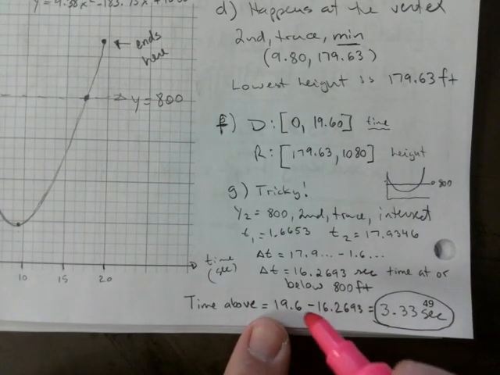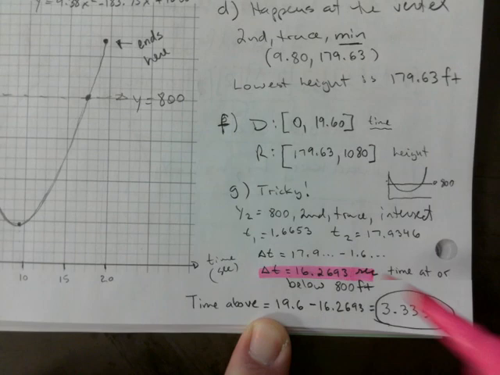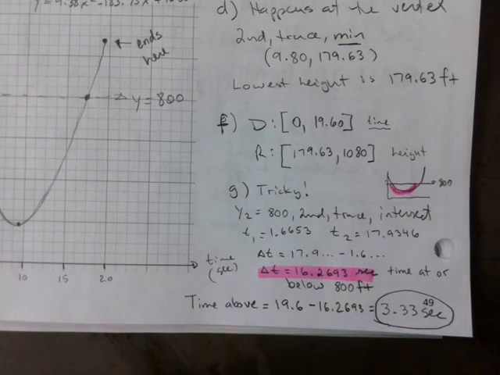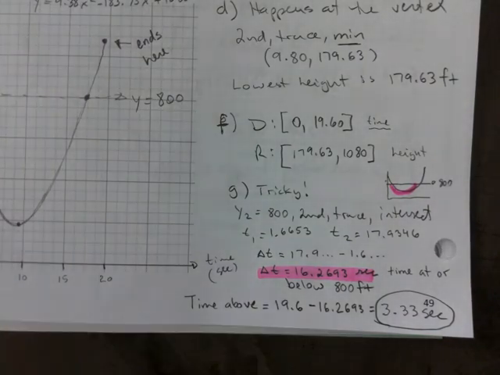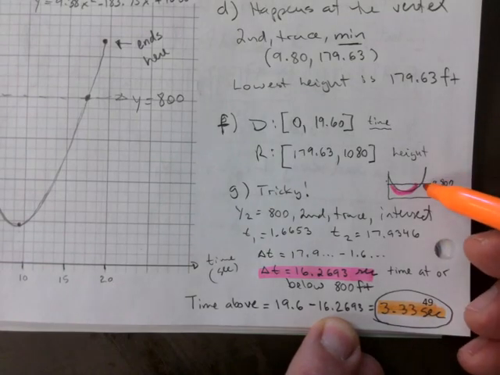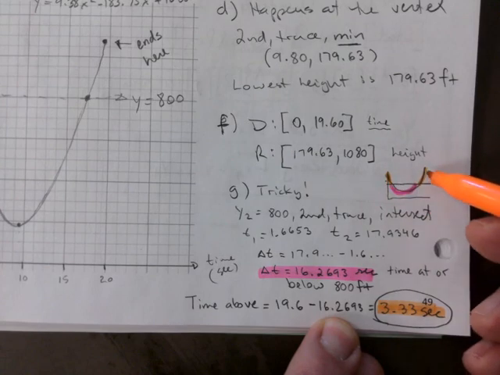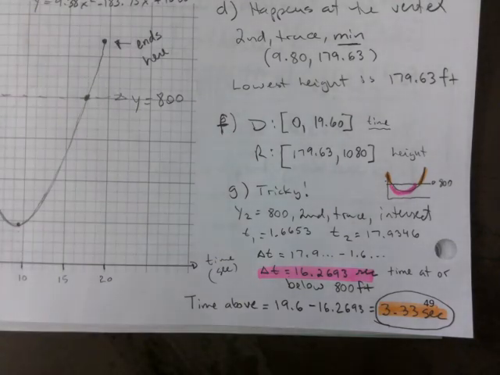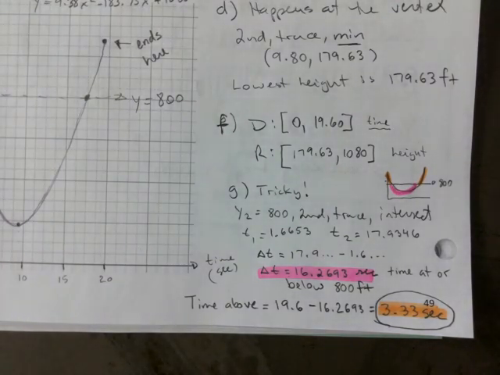When you subtract it, that time actually refers to the dip. The time we're after is figuring out the orange parts. That's the best I can do with that little space there. This is going to be very rare, but it is possible that I ask for something like that.